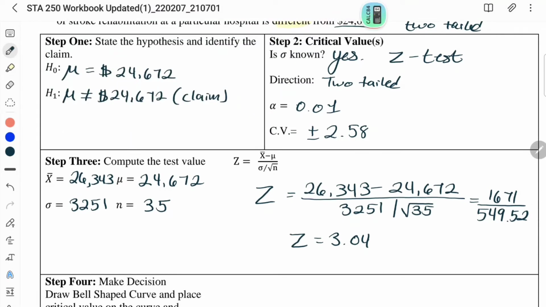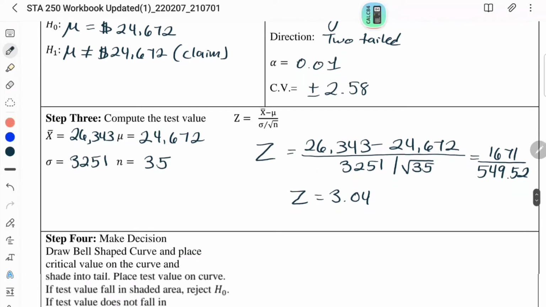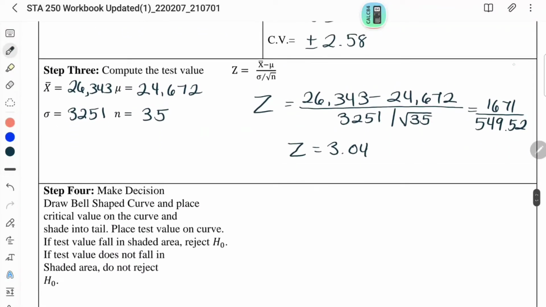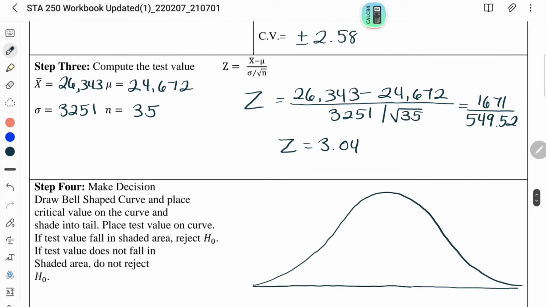Now that we computed our test value, we're going to make our decision whether to reject or not reject the null hypothesis. So we're going to follow the directions when it comes to making our decision. We're going to draw the bell-shaped curve. And then we're going to place our critical values on the bell-shaped curve. It's two-tailed, so 2 critical values. Our critical values are negative 2.58 and positive 2.58.